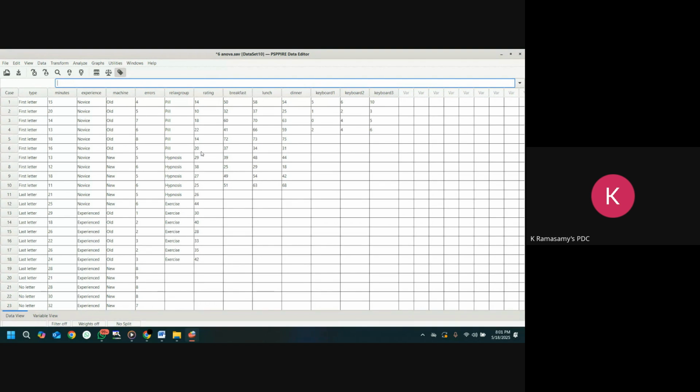So in this case, you cannot go for one-way ANOVA because you have not collected numbers. You asked them to rate their relaxation level. The independent variable has more than two levels, called pill, hypnosis, and exercise. Three levels.